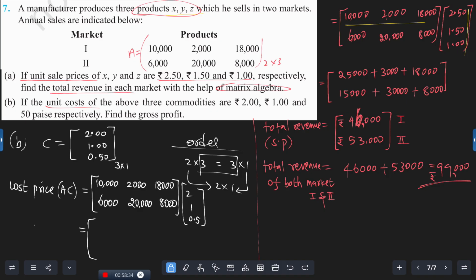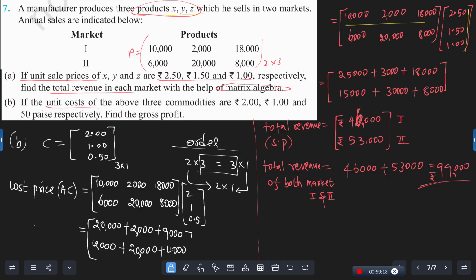So let's take the product. 10,000 into 2, you will get 20,000, plus 2,000 into 1, which is 2,000, plus 18,000 into 0.5, which is 9,000. In the same manner, the second row: 6,000 into 2 is 12,000, plus 20,000 into 1 is 20,000, and 8,000 into 0.5 is 4,000.